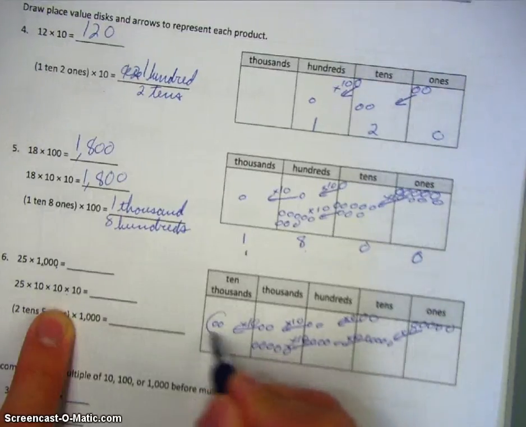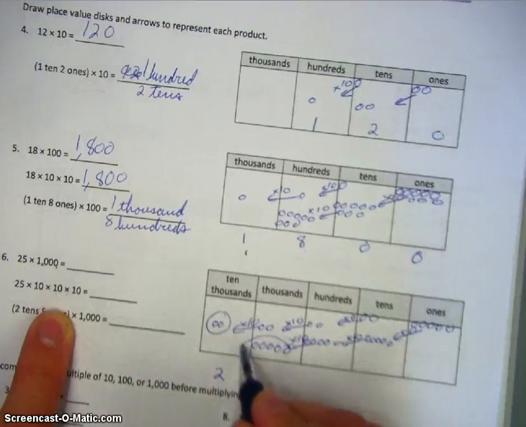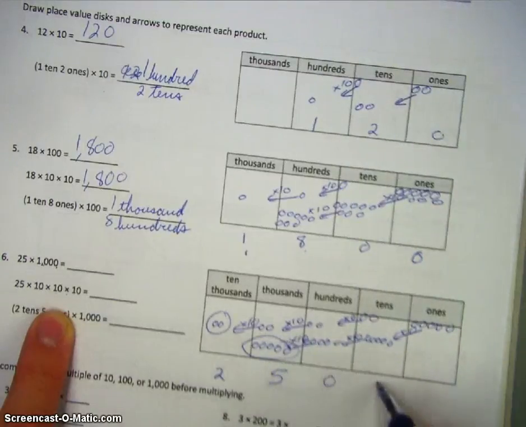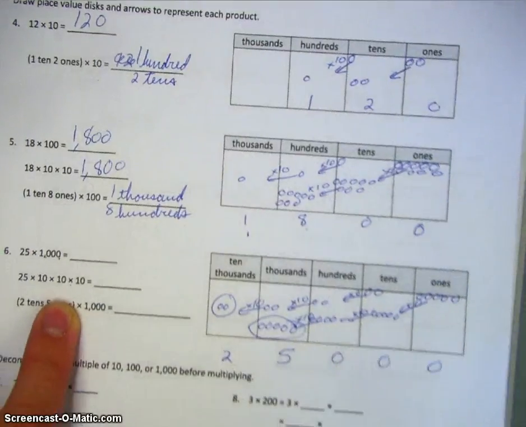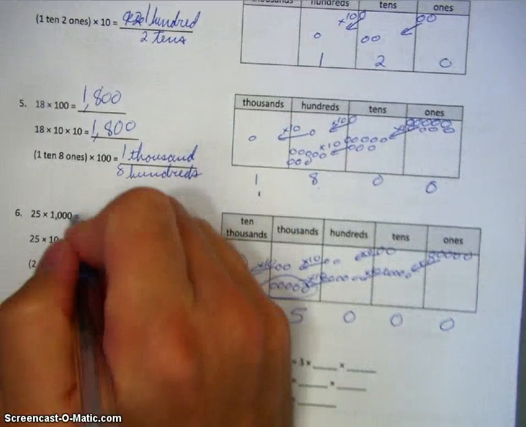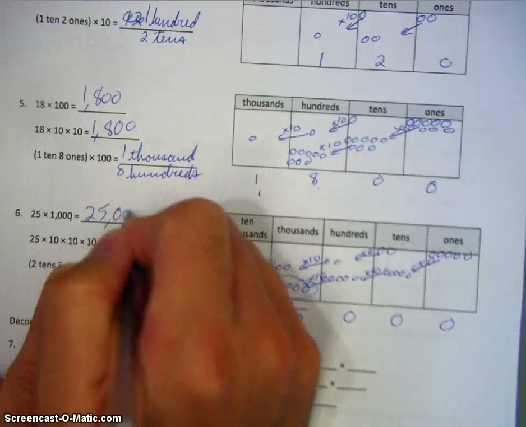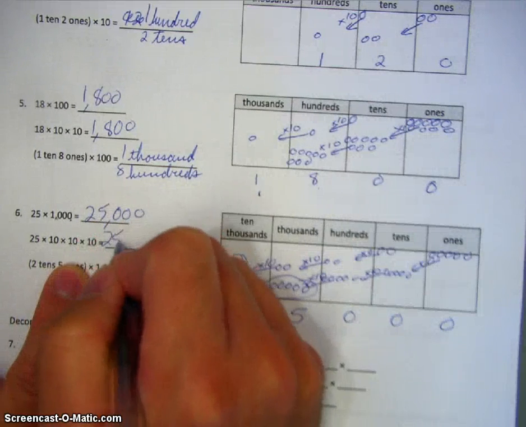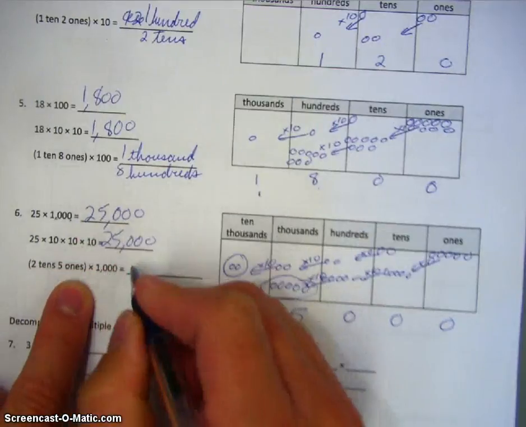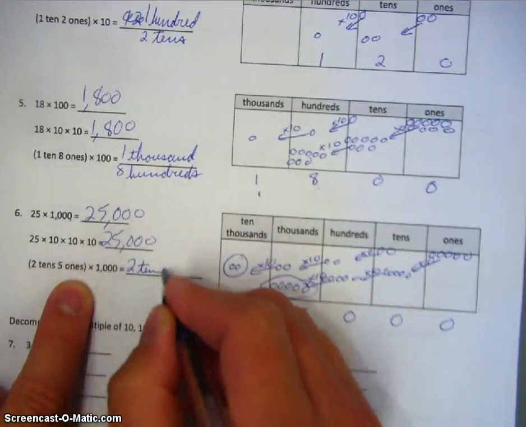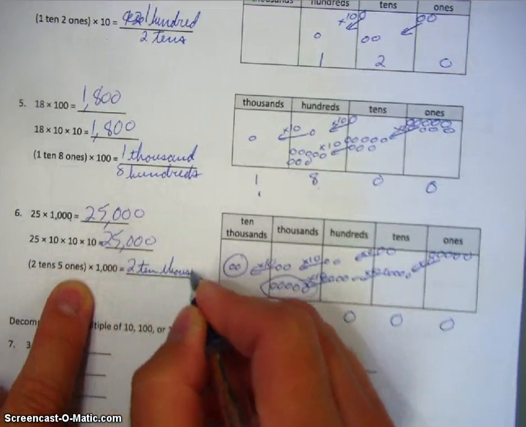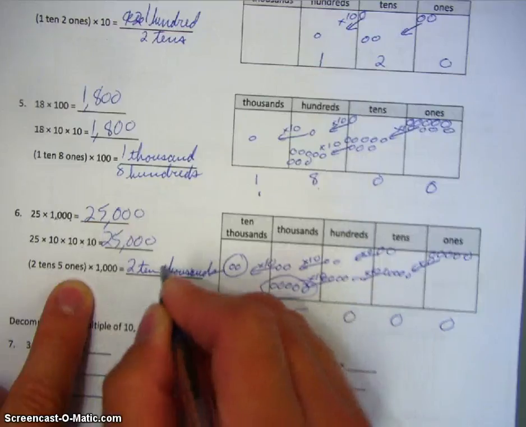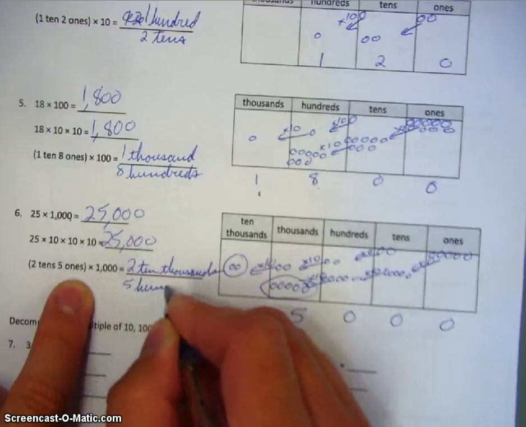As you can see, we have 2 ten thousands, we have 5 thousands, and 0 after that. So we can see our answer is 25,000, or 2 ten thousands, 5 thousands.